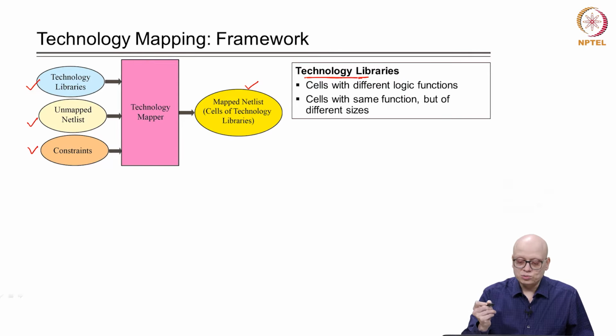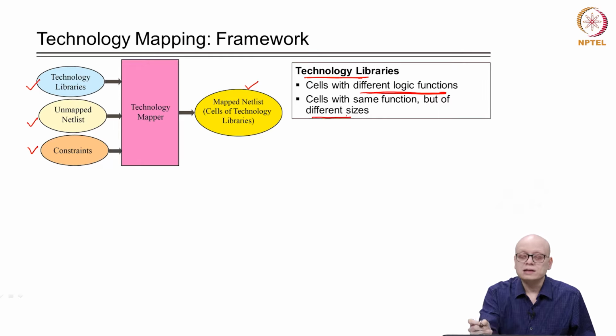Now, just to recap, when we looked into technology libraries, we discussed that a technology library consists of various kinds of cells, and these cells perform different logic functions. For example, combinational logic functions like AND gate, OR gate, AND-OR-invert and multiplexer and so on. And there can be sequential circuit elements also, such as latches and flip-flops. Additionally, for the same logic function, a technology library can contain cells of different sizes.